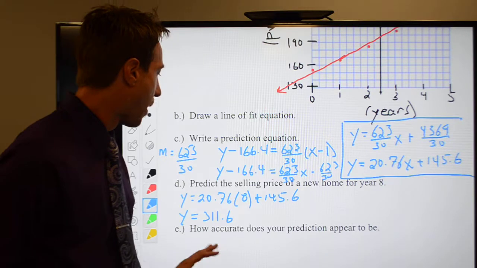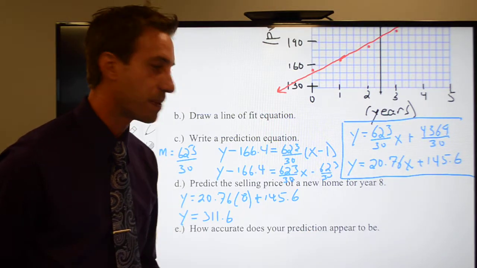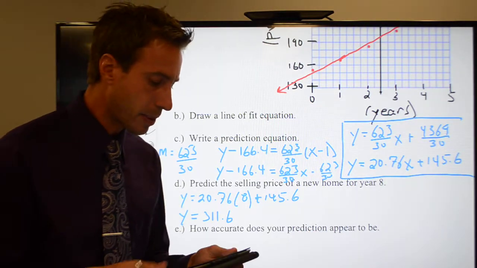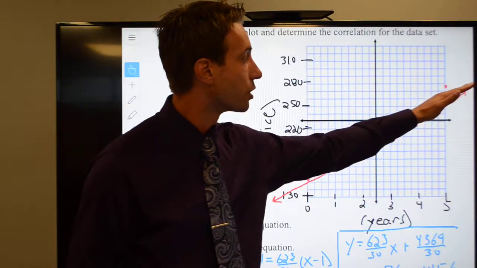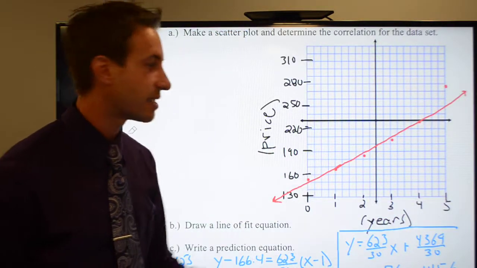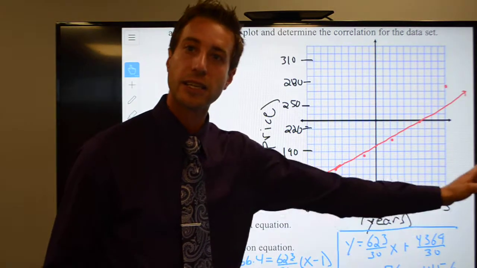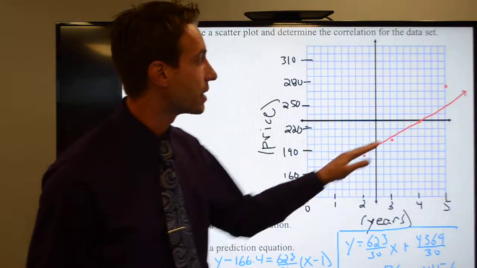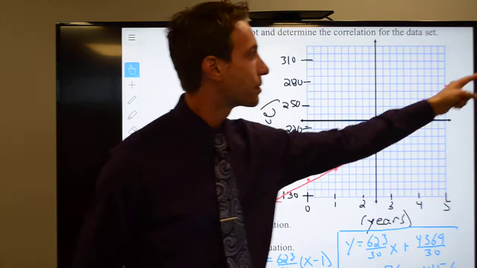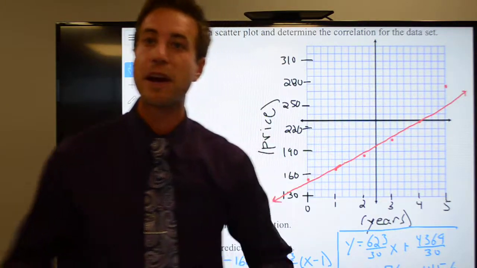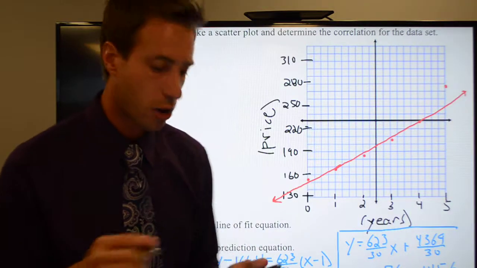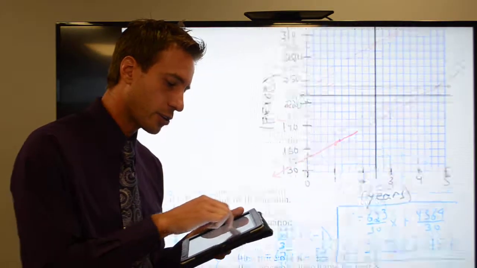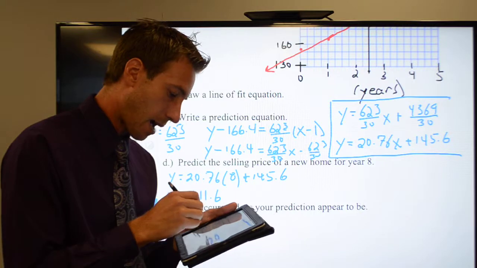Now, how accurate does your prediction appear to be? Well, I would say probably pretty accurate. Look at this. It appears that it is in an upward trend. And so it makes sense that if I were to go to year 6, year 7, and there in year 8, keep this graph going out, yeah, absolutely, that line is going to be up there above $310,000. So as far as how accurate I think my prediction is, I think it's good.